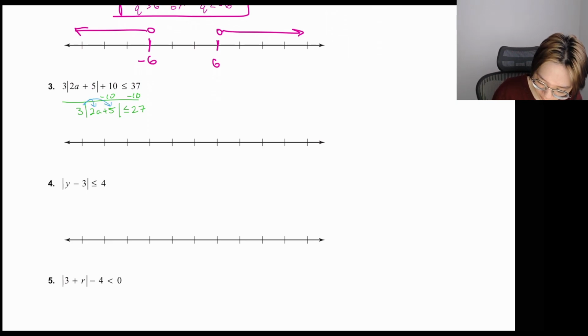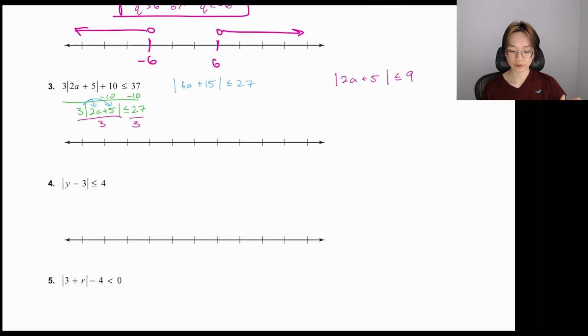Let's distribute first. So this one we'd have absolute value of 6a plus 15 less than or equal to 27. Or the other way, if we divided by 3, we would have absolute value of 2a plus 5 is less than or equal to 9.